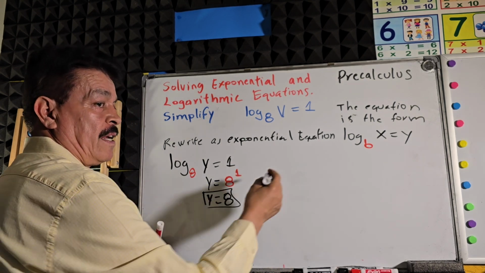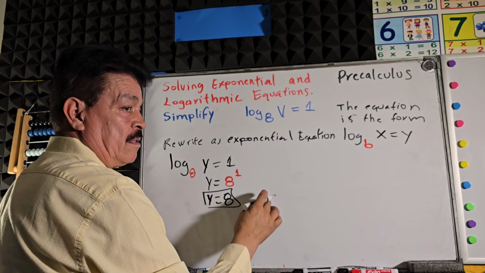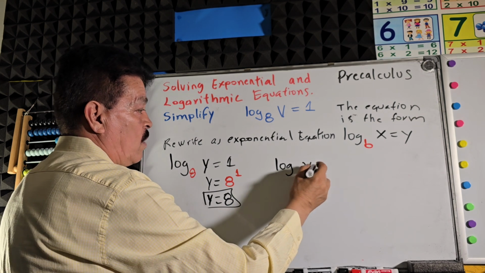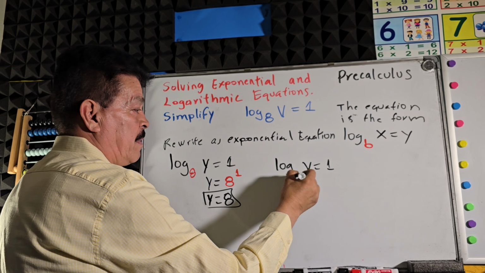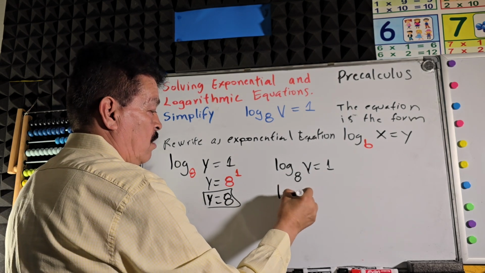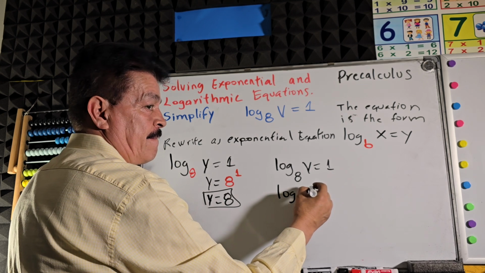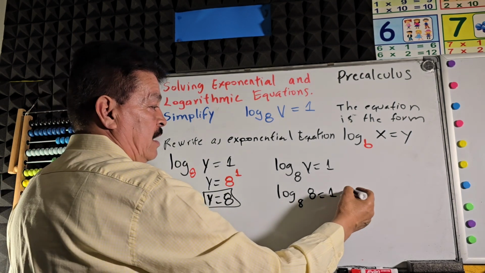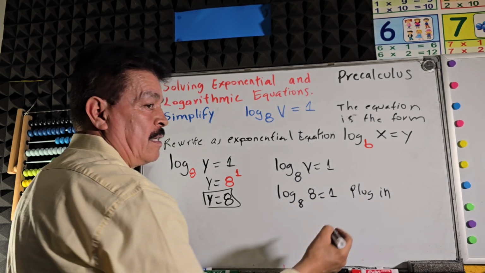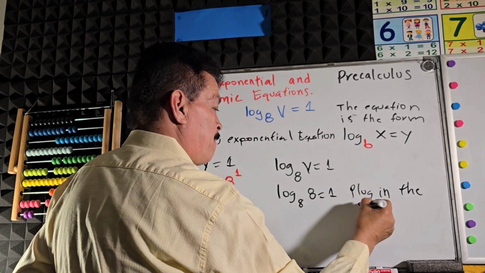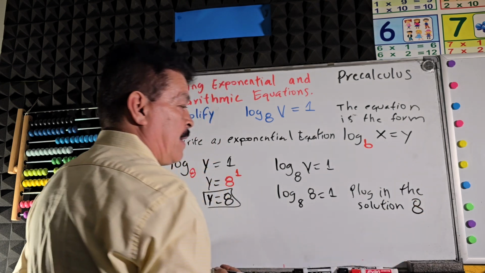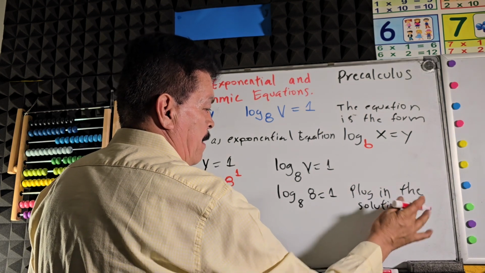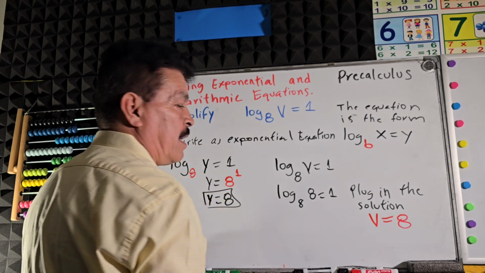Let's write log base 8 of 8 equals 1, plugging in the solution. So the solution is b equals 8.